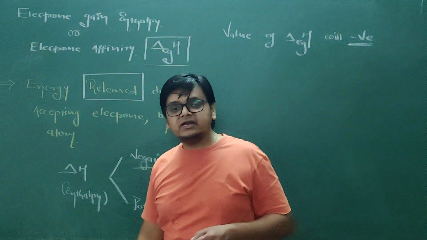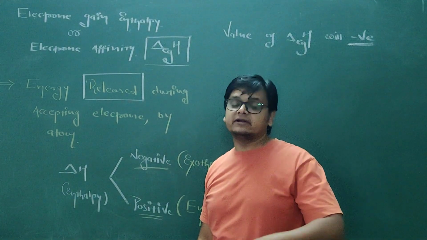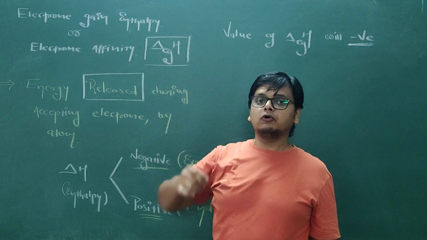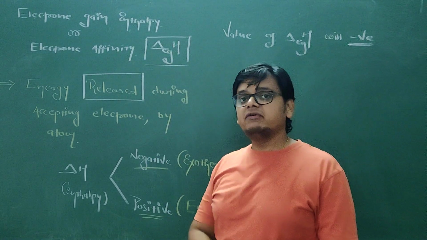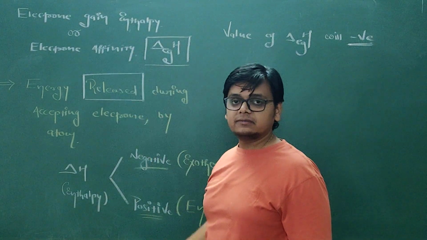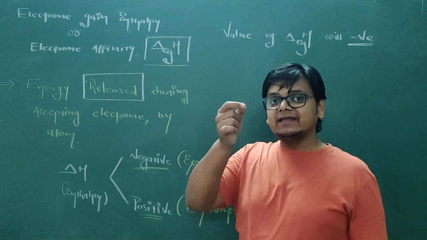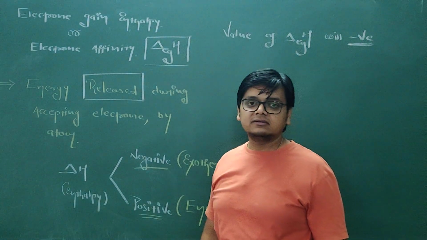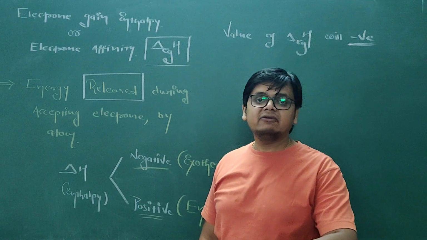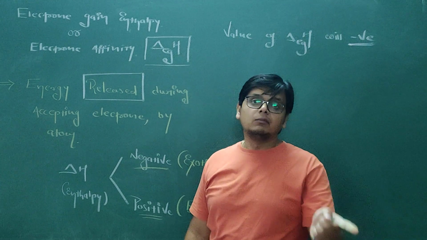So this is very difficult to decide the trend. We cannot say that going top to bottom it decreases or increases. In electron gain enthalpy, we will not use the words increase and decrease. Then what can we use? We can use less negative and more negative.